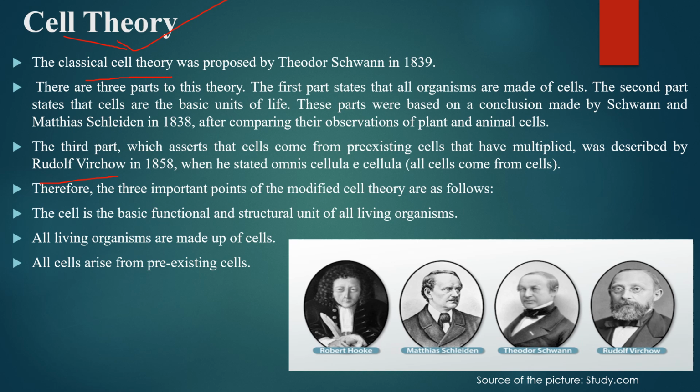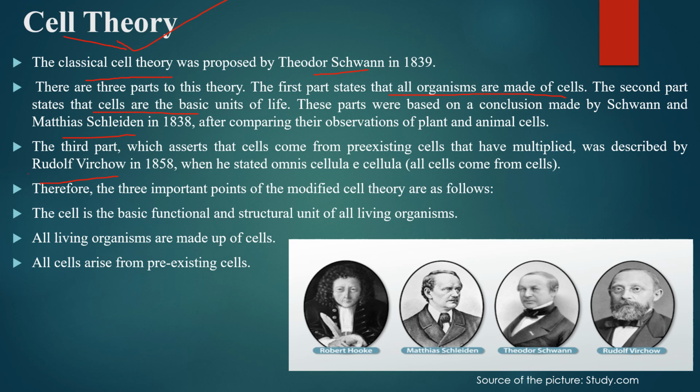At first, Theodor Schwann concluded that all organisms are made up of cells. Then Schwann and Matthias Schleiden jointly observed the plant cell and animal cell and concluded that cells are the basic unit of life.